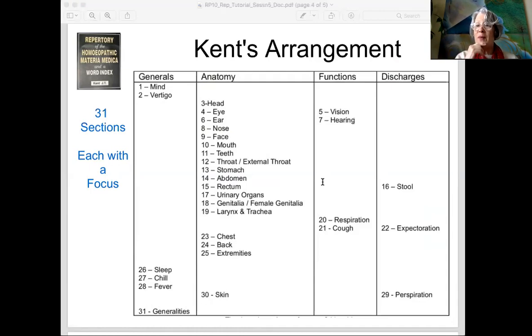And if you're taking a case, you might be asking somebody, show me your tongue. So how would you look that up in the mouth section? Let's say somebody has a white coating on their tongue. How would you look that up in the mouth section?